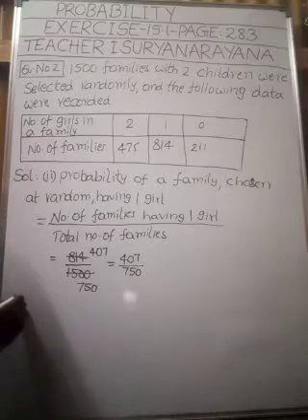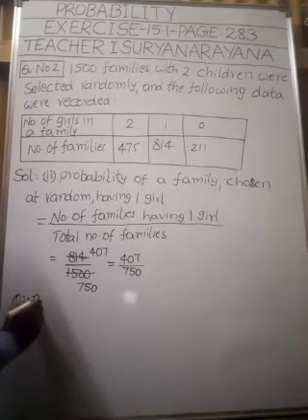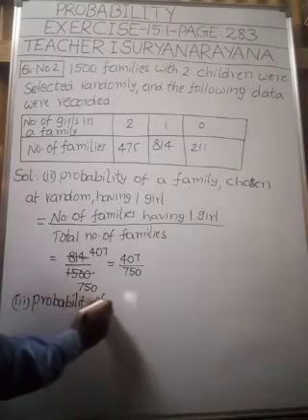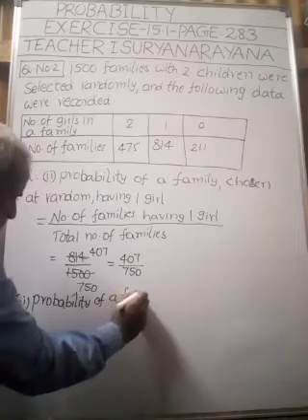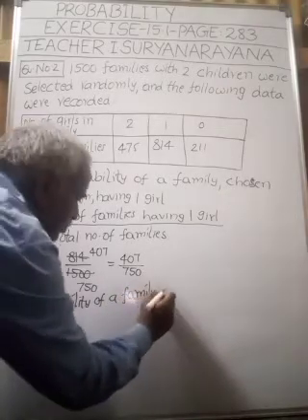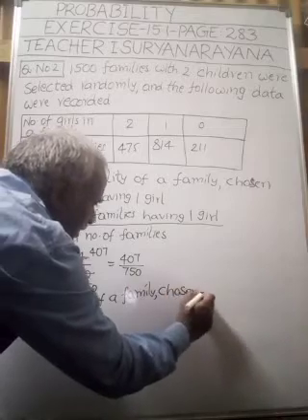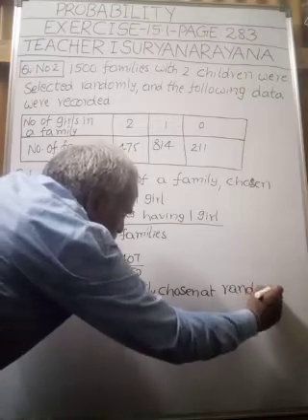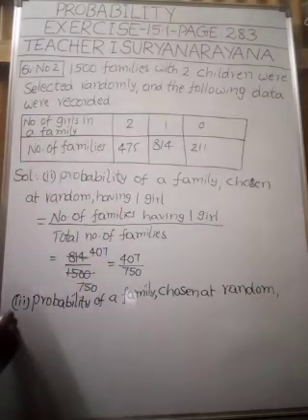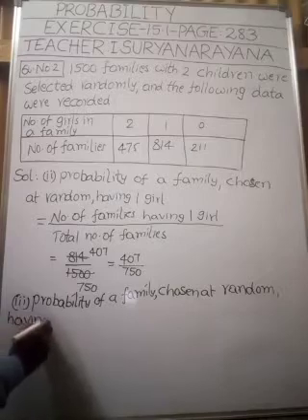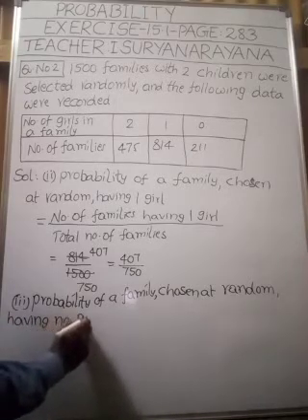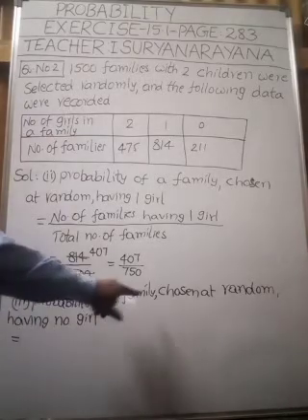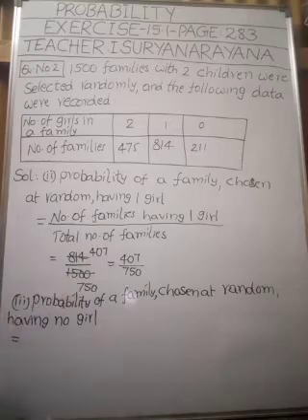Right. Now come to the third part. Probability of a family chosen at random having no girl is equal to, how do you find the probability of a family chosen at random having no girl?